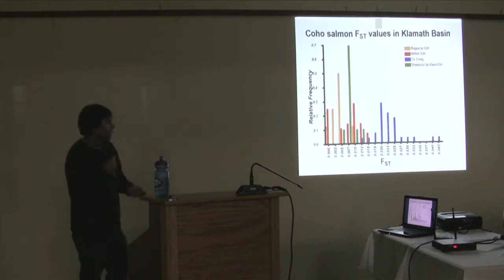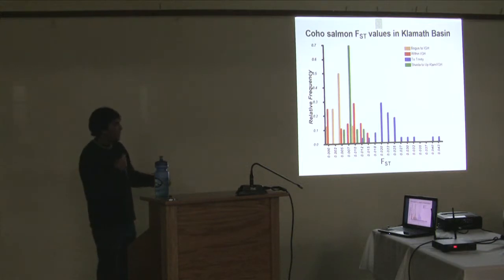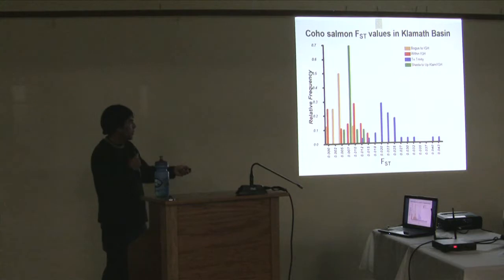So again, we can plot the frequency distributions of these FST values in a frequency histogram and look at the relative frequencies. And again, we see that within the Klamath River Basin, the highest FST values are between broodstock from different years at Iron Gate.